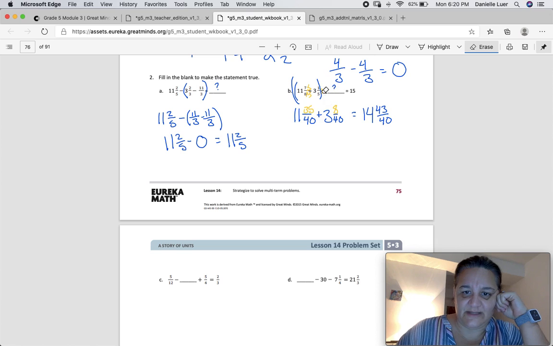I'm going to erase all this so that you can see what the original problem was. I don't want you to get too confused. Okay, I'm going to turn this back into, well, not an improper fraction. It is an improper fraction, so I'm going to turn it into a mixed number.